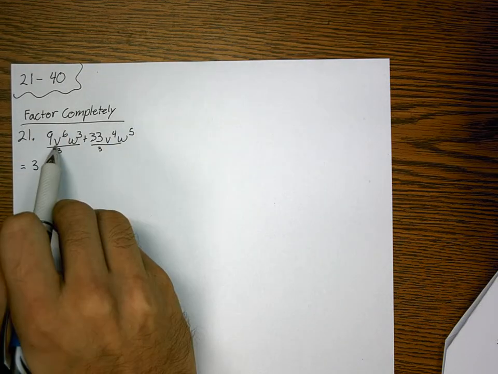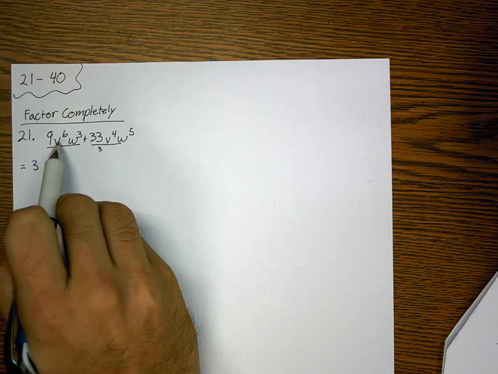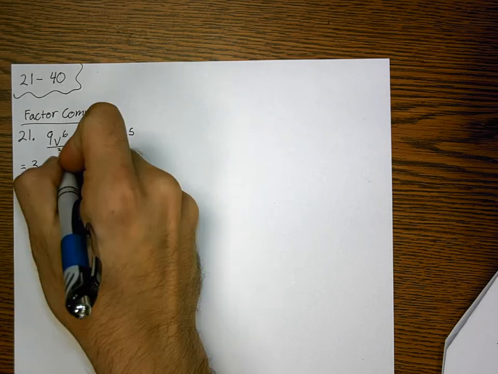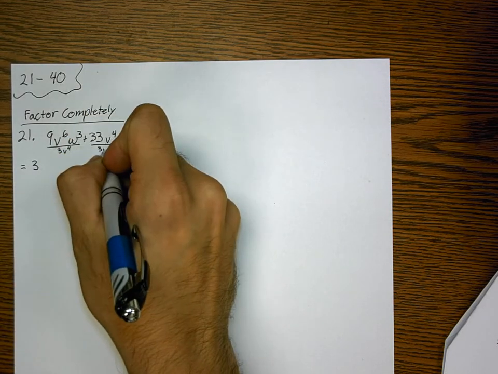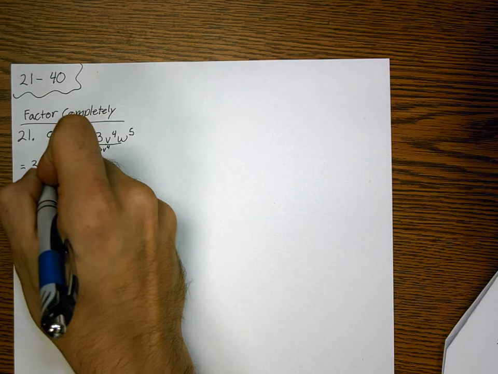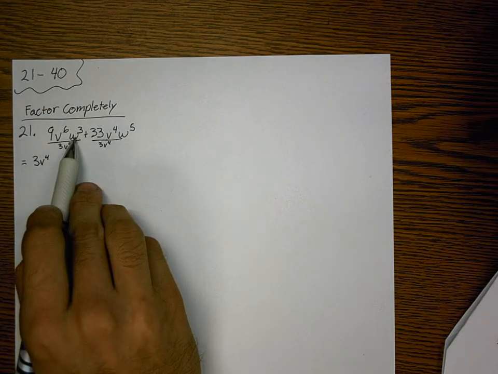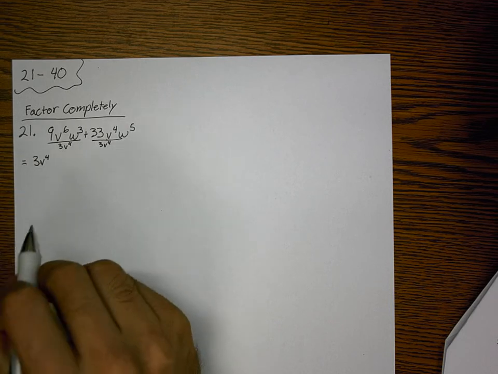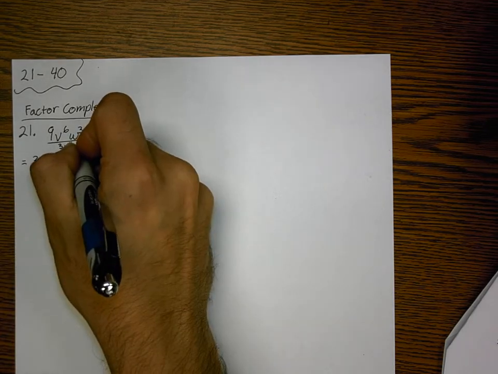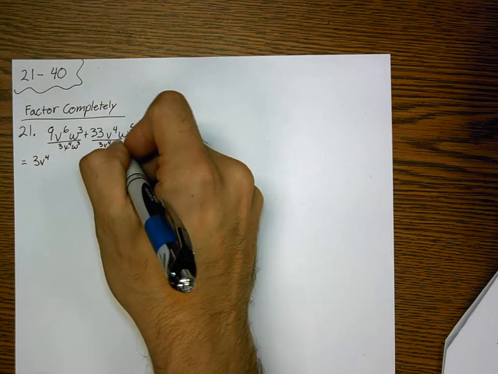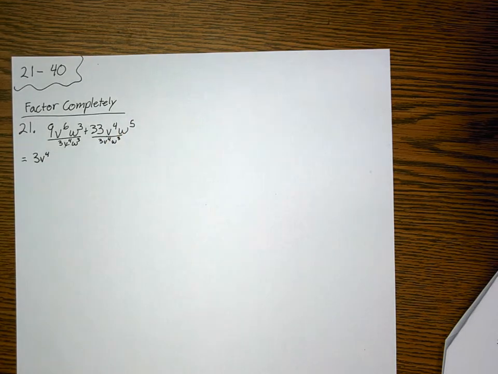They also both have at least 4 v's. There's 6 in the first term, 4 in the second. I'll just collect all the factors that I can. And they have at least 3 w's as factors. So I can factor out 3 w's from each.